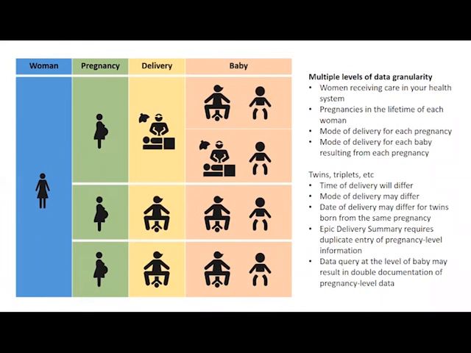If I go by pregnancies, I have 3 pregnancies. I have 3 women. Let's say this woman actually is the same person, so I will have just 1 woman having 3 pregnancies and 4 deliveries.